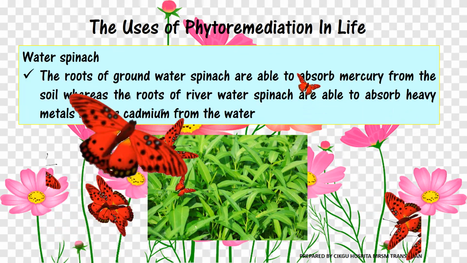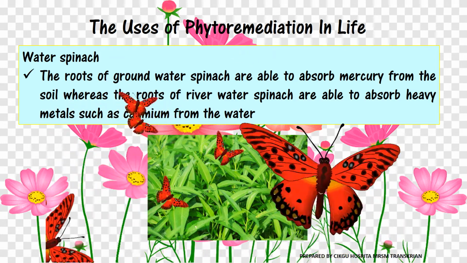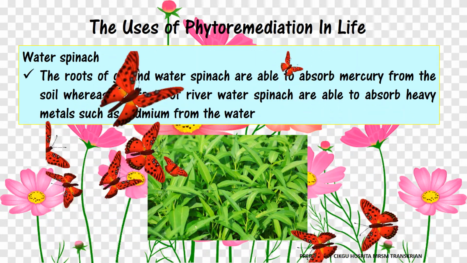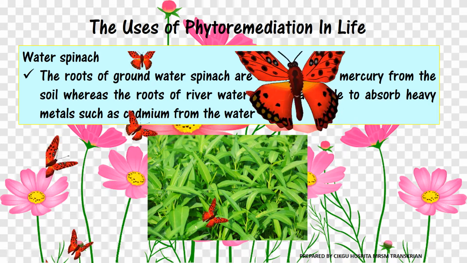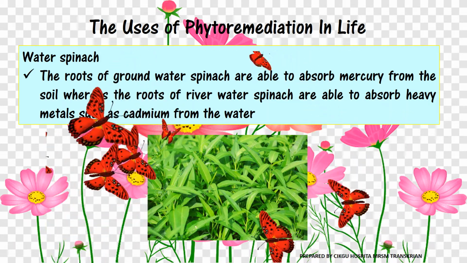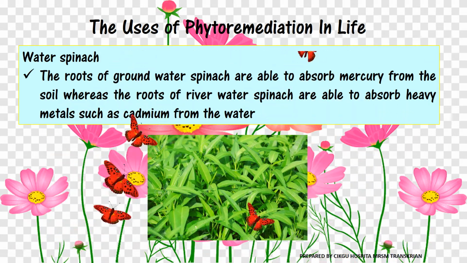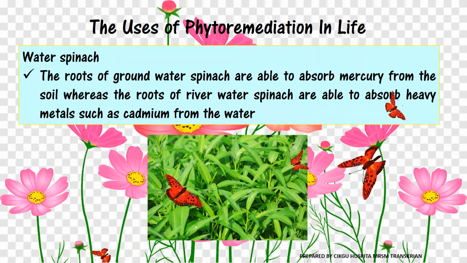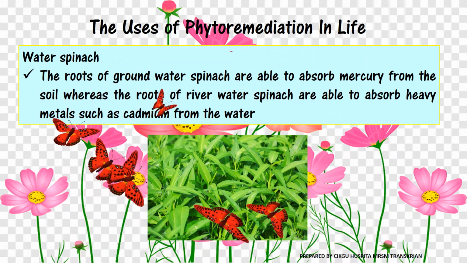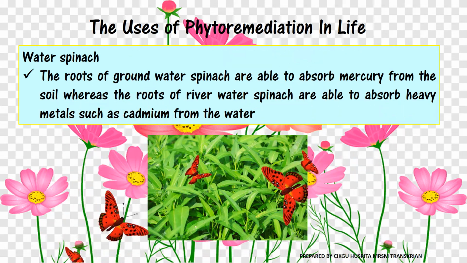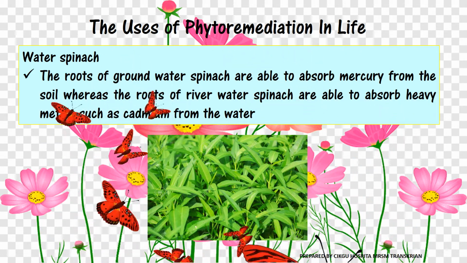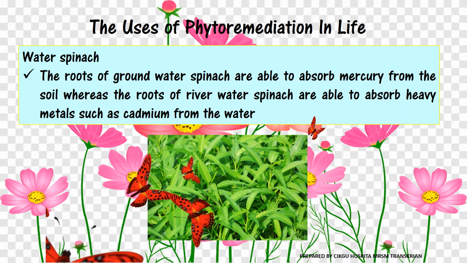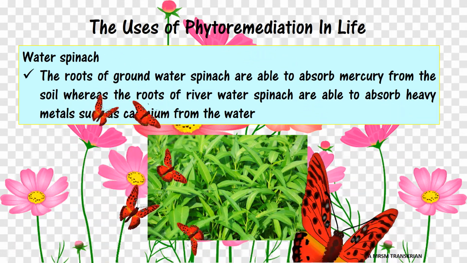The next one is water spinach, or kangkong, which can also be used in phytoremediation. The roots of the ground water spinach are able to absorb mercury from the soil, whereas the roots of the river water spinach are able to absorb heavy metals such as cadmium from the water.